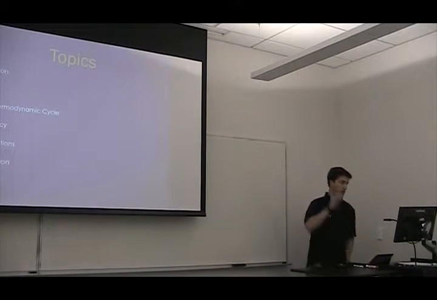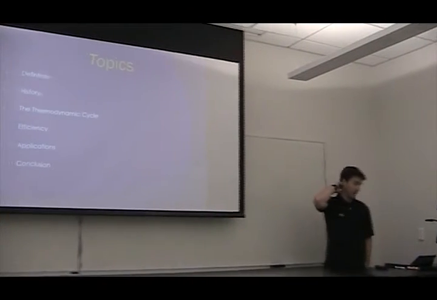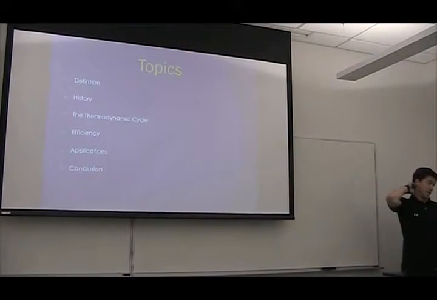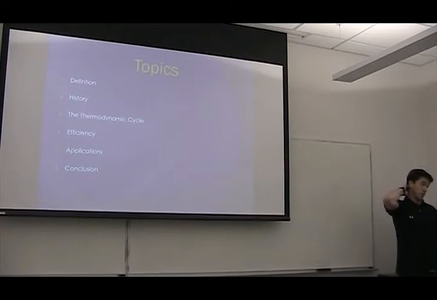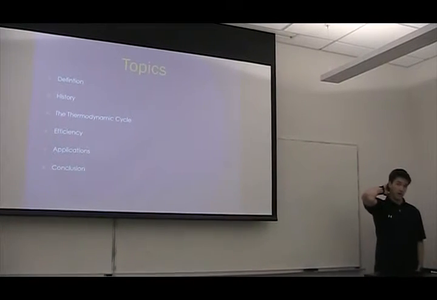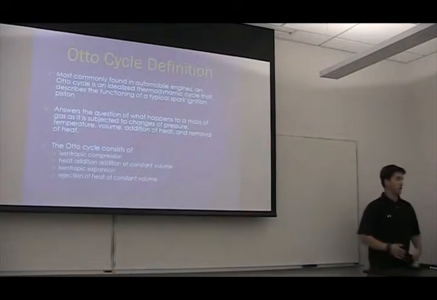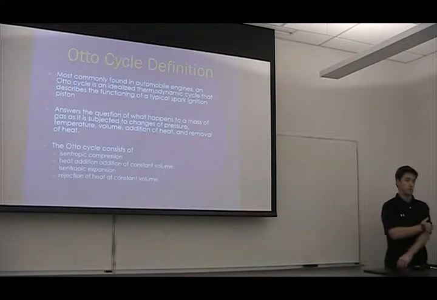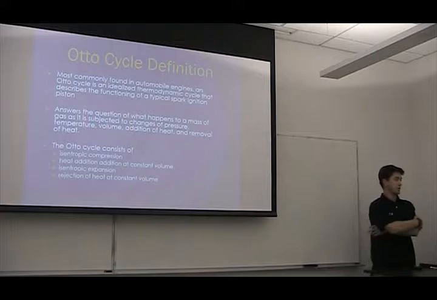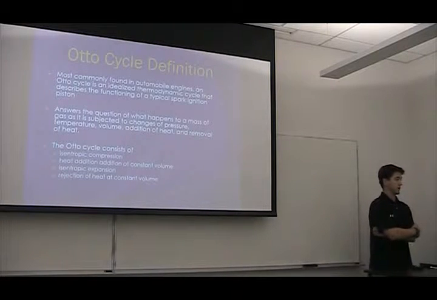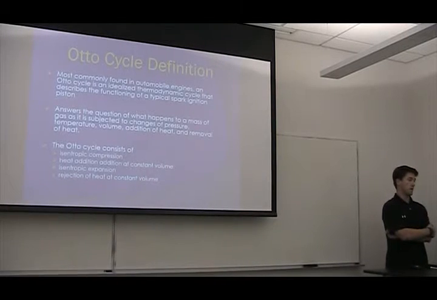So I'm going to go over the definition, the history behind who invented it, and the thermodynamic cycle, and talk a little bit about efficiency and applications. The Otto cycle is most commonly found in automobile engines. It describes the functioning of a typical spark ignition piston engine.